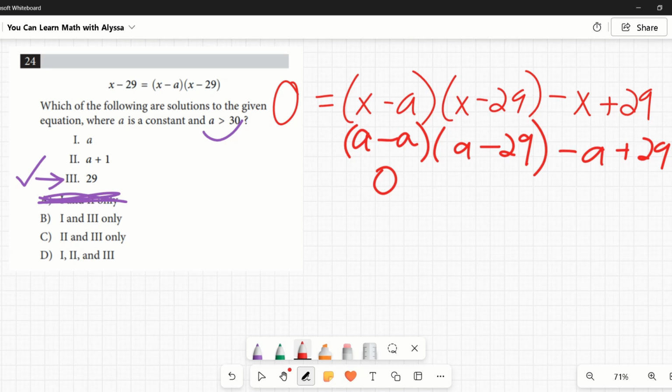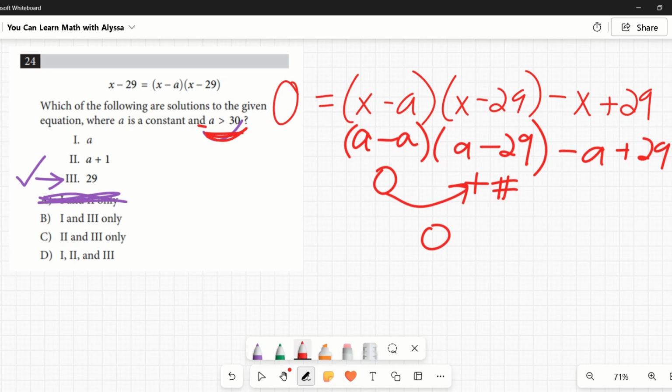Then I have a minus 29. I don't know what a is, but I know it's greater than 30. So I know this is a positive number because it's greater than 30. So 31, for example, minus 29 would be 2. It's a positive number, and as a gets bigger, it's still going to be positive. Okay, but 0 times a positive number is just 0.